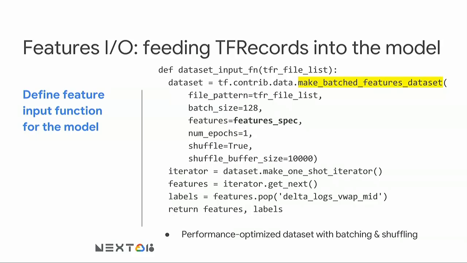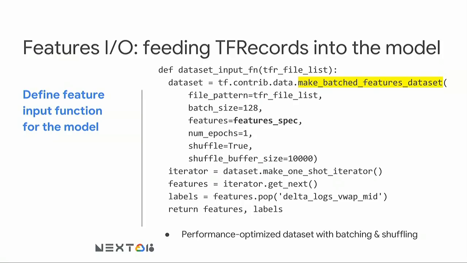The first step is constructing a data set. And for this, I recommend using a function called make_batch_features_dataset. It creates an already performance-optimized data set with batching and shuffling built in. So you don't need to worry about reading your data efficiently. You don't need to worry about setting up multiple threads to read your data, because sometimes it's a bottleneck. It does everything for you.